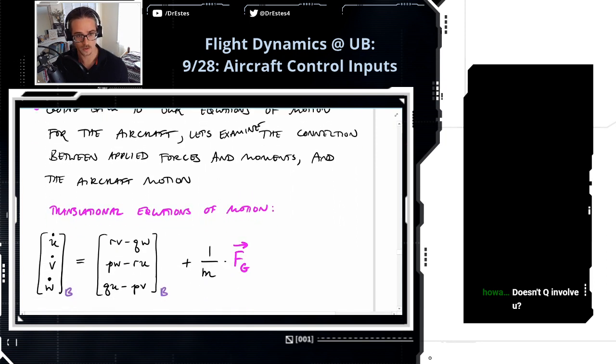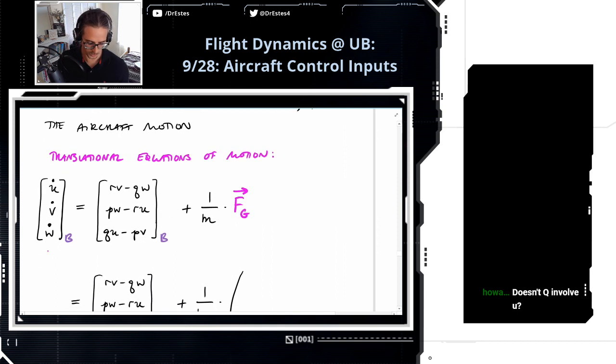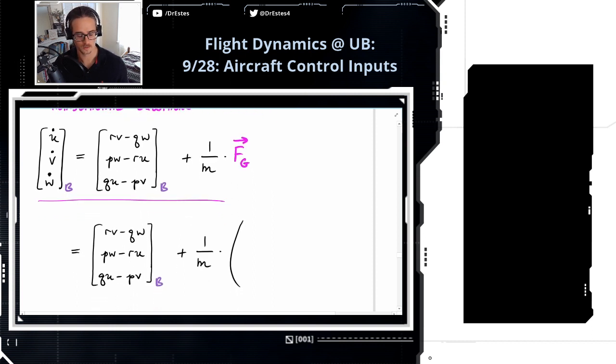We have the translational equations of motion, which we wrote in this way, but I want to expand it out a little bit. Fg is the net force acting at the center of gravity. Let's expand that out.